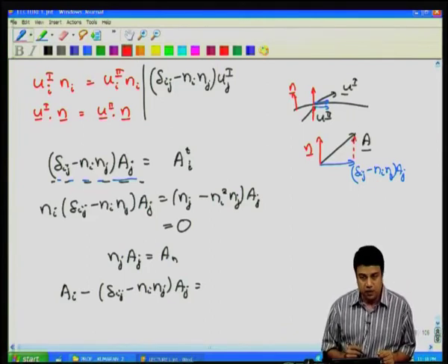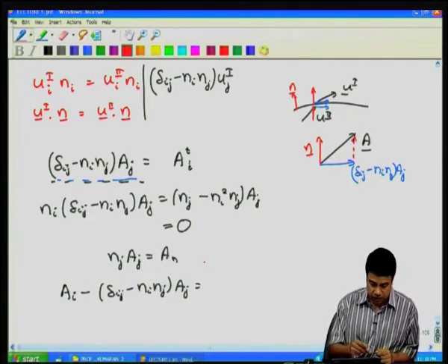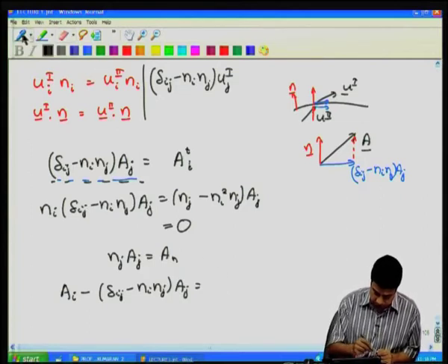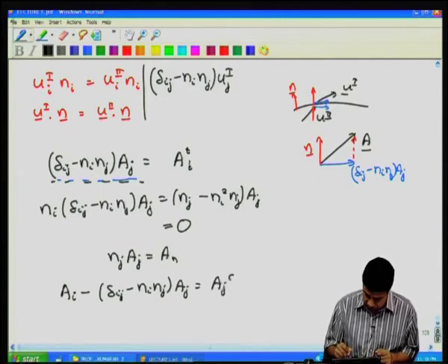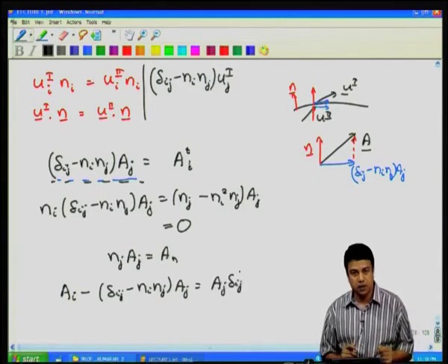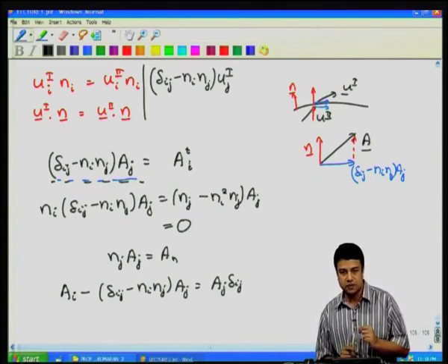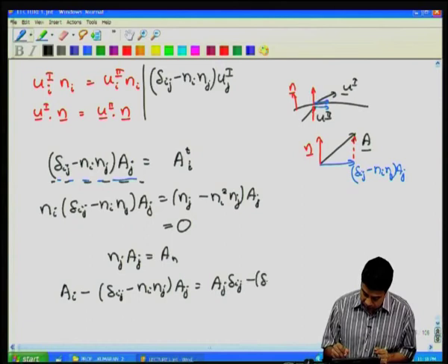And that vector you can write A_i as A_j δ_ij, because δ_ij is 1 only when i is equal to j, minus (δ_ij minus n_i n_j) A_j.